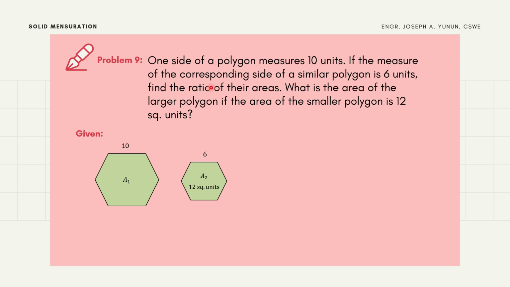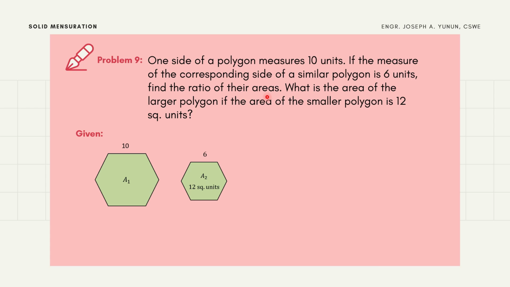So the ratio of their areas, A1 over A2, is equal to the square of the two corresponding sides.